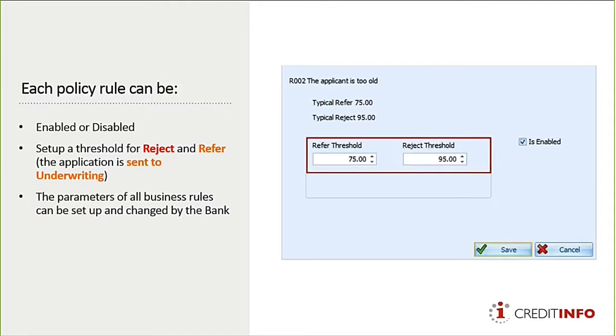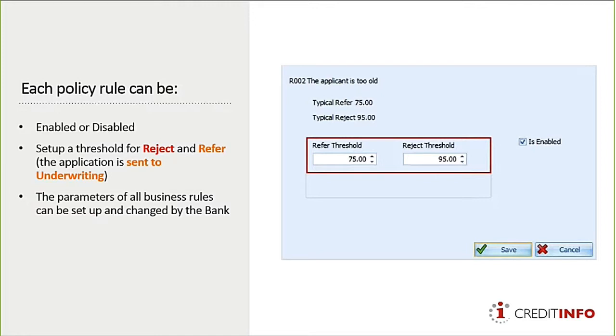There is also an advantage for the bureau itself, which can sell these rules in packages. One institution can have 15 rules available, another can have 30 or all the rules available. Each rule can be assigned to an institution and enabled.